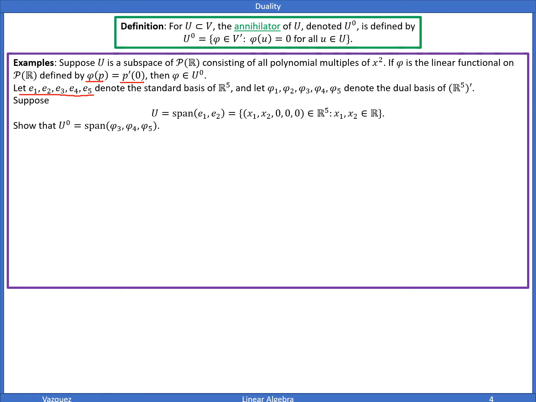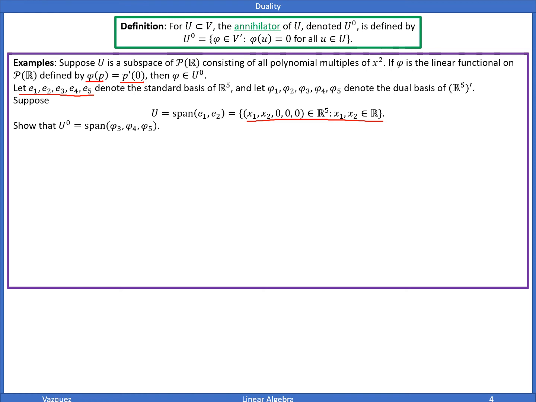And suppose U is the span of the two vectors e1 and e2. That creates a two-dimensional plane in R5.